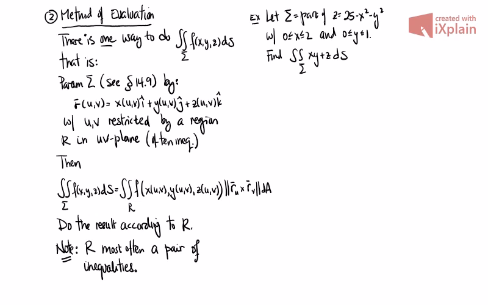So I'll draw a picture of this. The picture isn't really necessary to do this problem, but it can really help us see the parameterization. So here's sigma. The paraboloid goes like this. This is the whole paraboloid. Sigma is a piece of this.